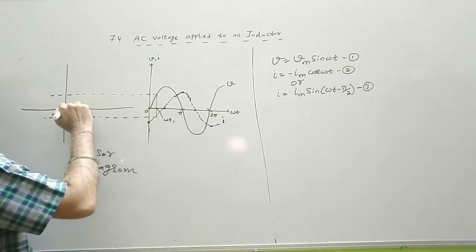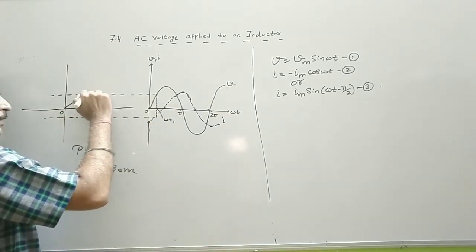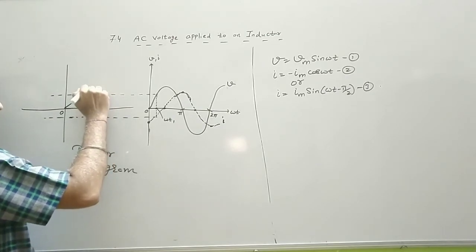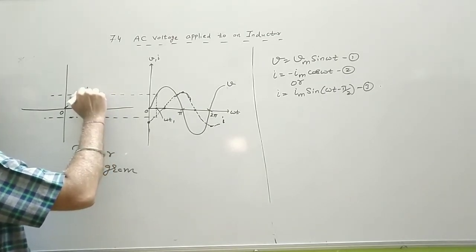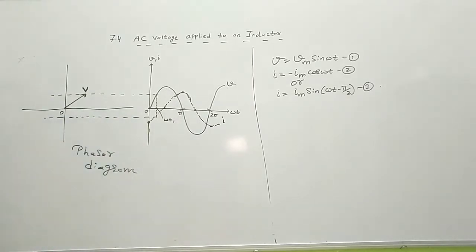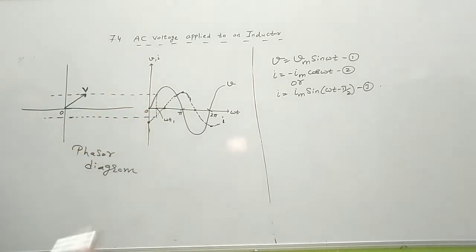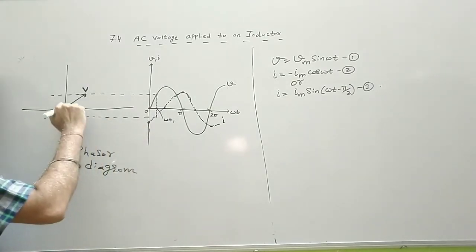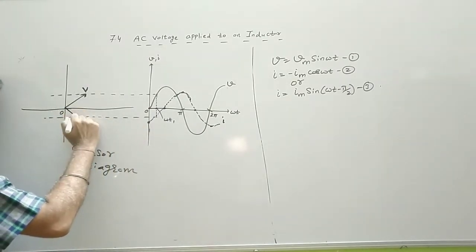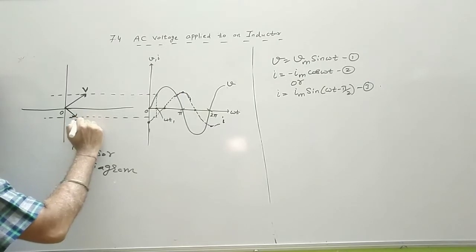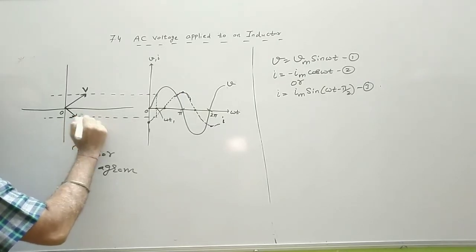Now we join this portion. This is phasor V, because this is the perpendicular line drawn from V. This is the current, so this is phasor of current, capital I.